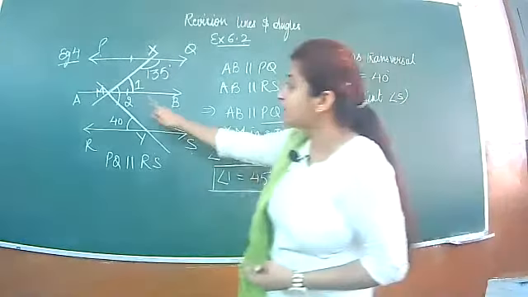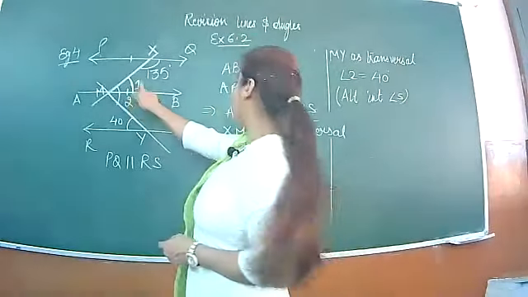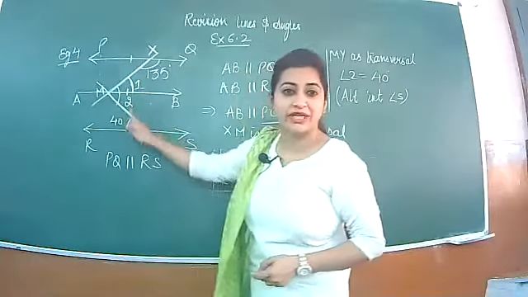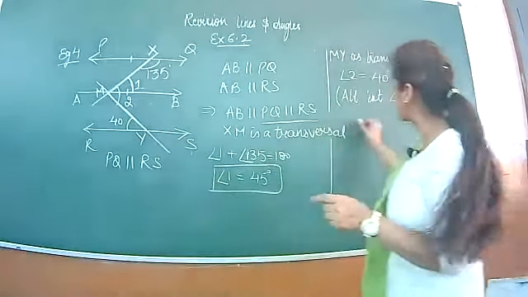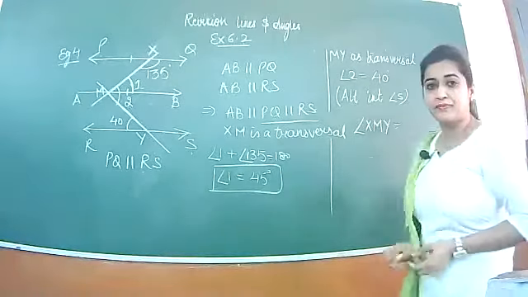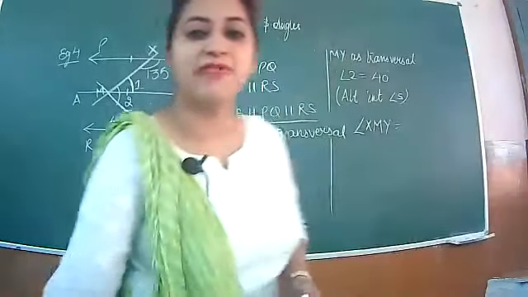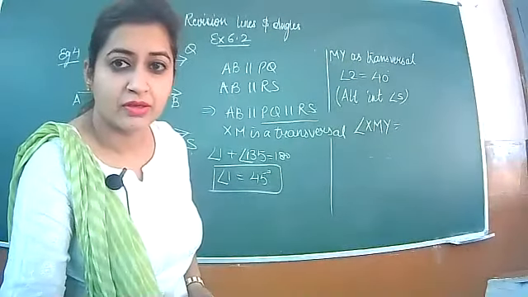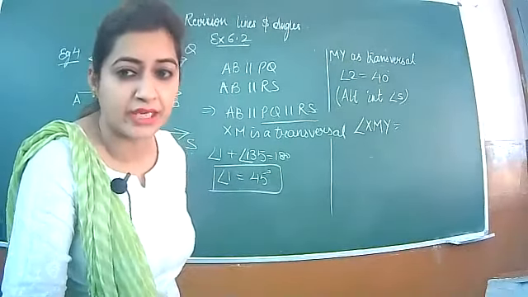So angle 1 we have got as 45, angle 2 is 40. Then can you tell me what is the measurement of XMY? Yes, anyone? Yes, Bhavansh? What is XMY?